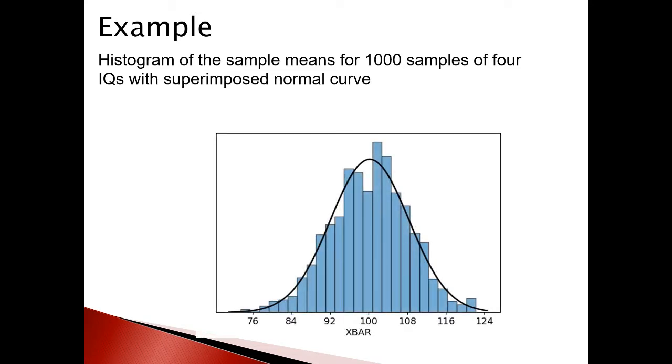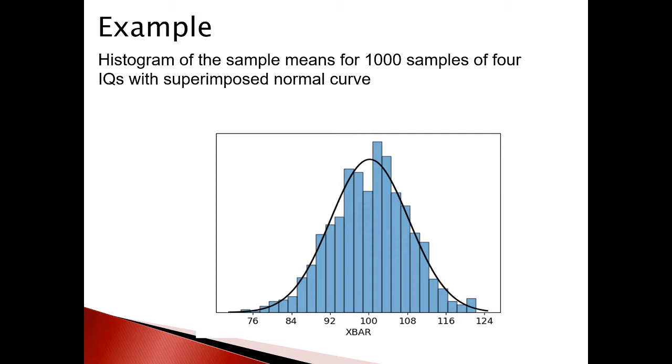We simulated 1000 samples of IQs each. We need to determine the sample mean of the 1000 samples, and we obtain a histogram of the 1000 sample means. We also imposed a normal distribution over the histogram with mean 100 and standard deviation 8.